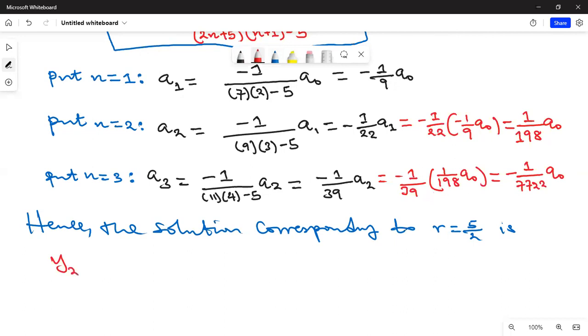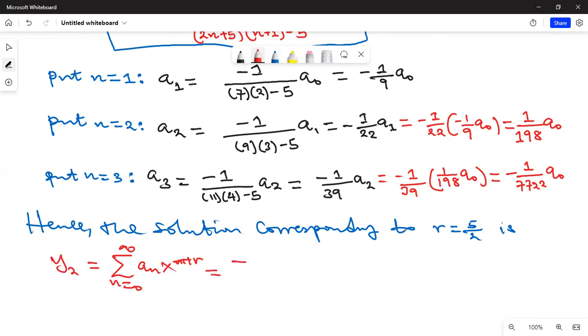y2 is equals to the sum from n equals 0 to infinity an x raised to n plus r. But r is 5 over 2.